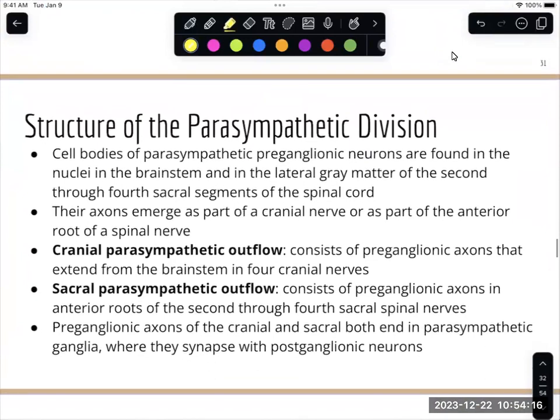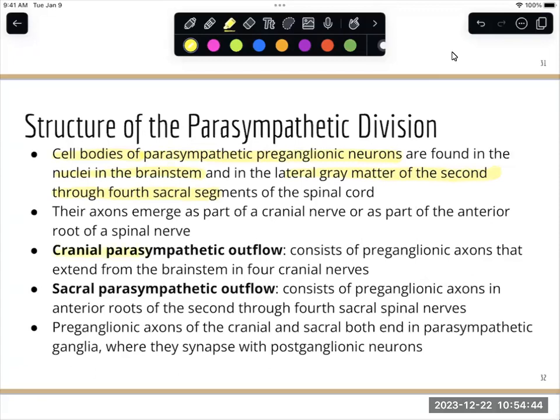So we've looked at the sympathetic, let's look into the parasympathetic. The cell bodies of these parasympathetic are found in nuclei in the brainstem, and the lateral gray horn of the second through fourth sacral segments.